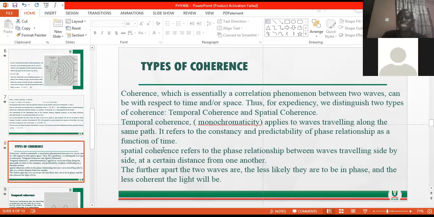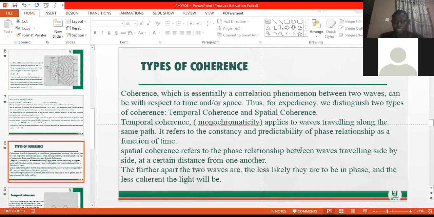Now, spatial coherence refers to the phase relationship between waves traveling side by side at a certain distance from each other. As the name implies, spatial means space. Is that clear?